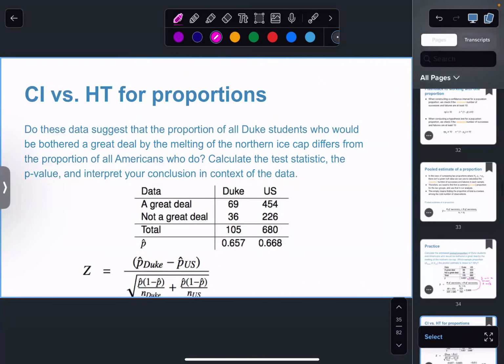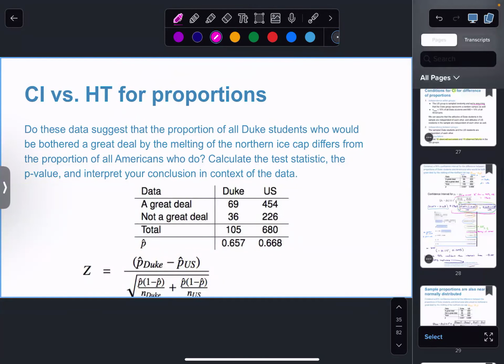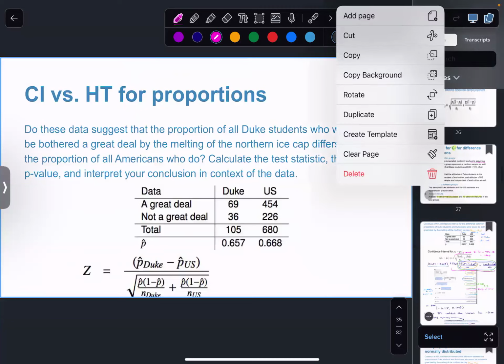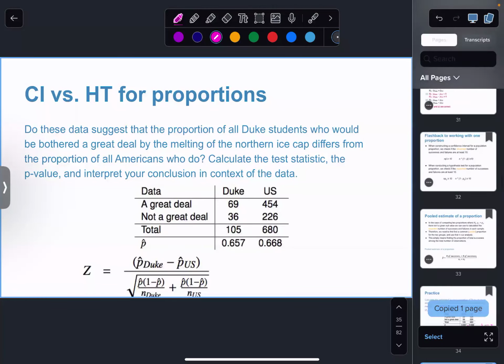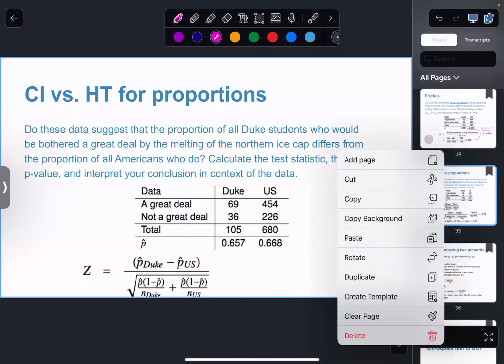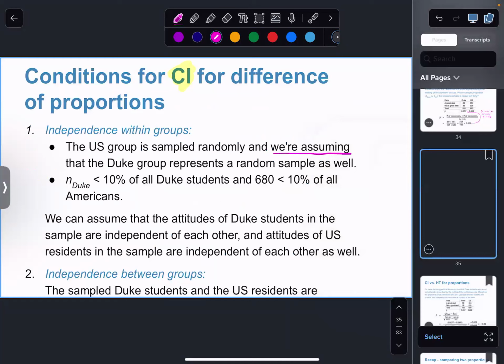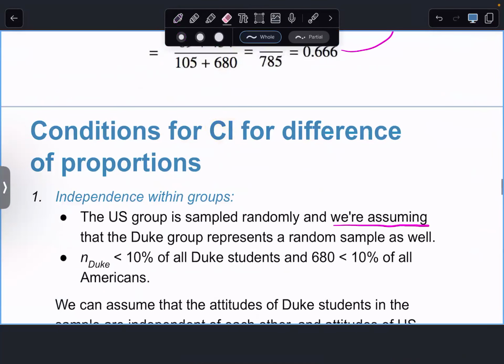Where is the conditions? Let's see here. Copy. Sneaky. So now, this is the slide from before.